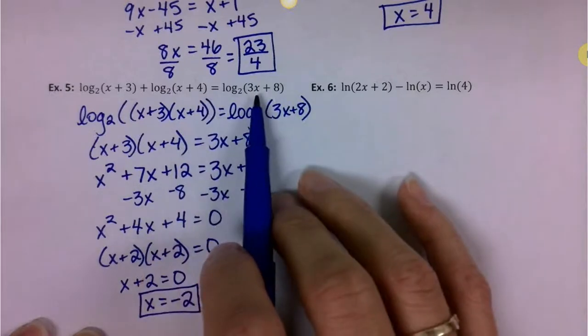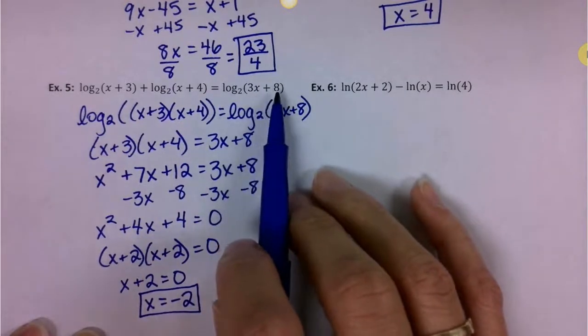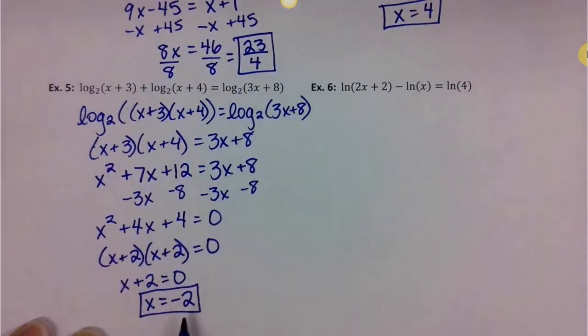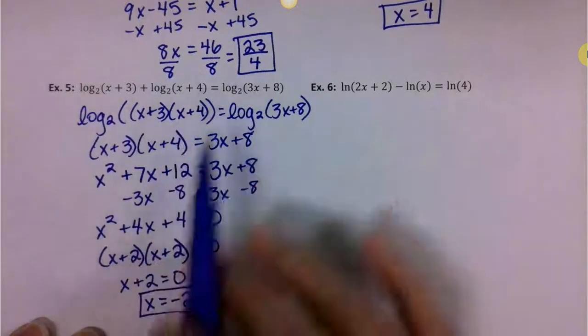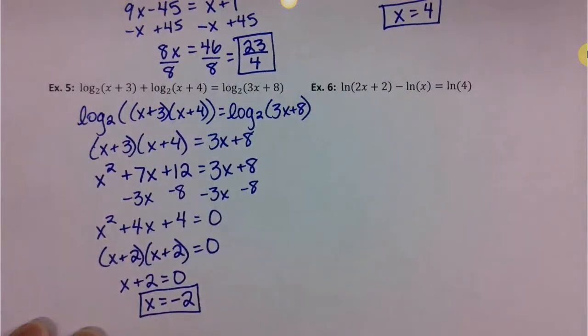And 3 times -2 is -6, plus 8 is a +2. So even though we end up with a negative value for x, when we go back and plug it in, what we're taking the logarithm of actually turns out to be positive numbers, which makes it okay.